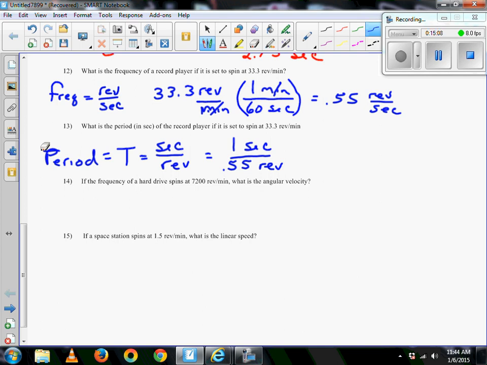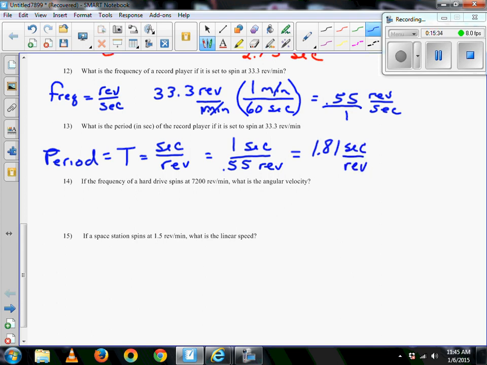Or you could say, instead of 0.55 revolutions per 1 second, I could take 1 second and divide it by 0.55 revolutions. And when you do that, now you get about 1.81, and that's seconds per revolution.